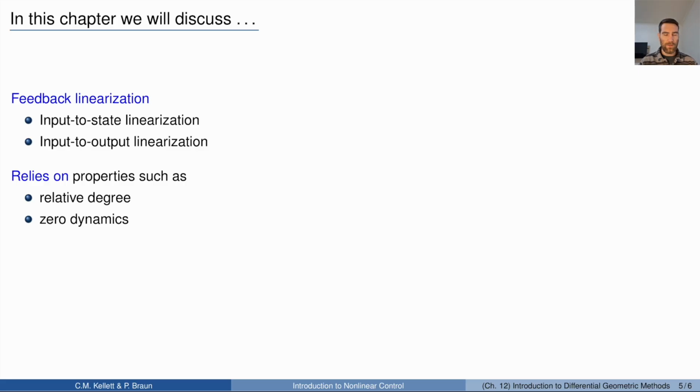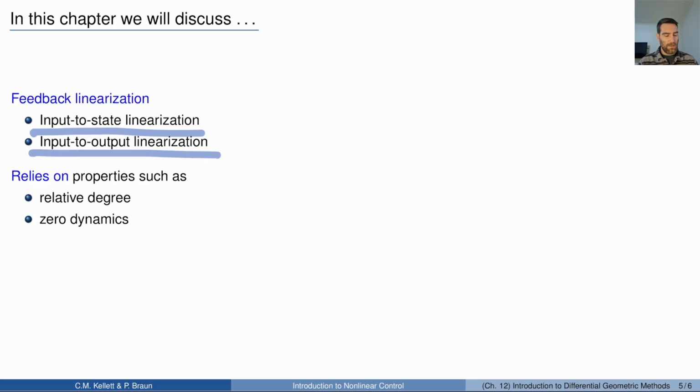However, with the coordinate transformation given, through straightforward calculations, it should be fine to calculate and verify that they actually satisfy the properties highlighted here. And what we've done was feedback linearization, which was either input to state linearization or input to output linearization.